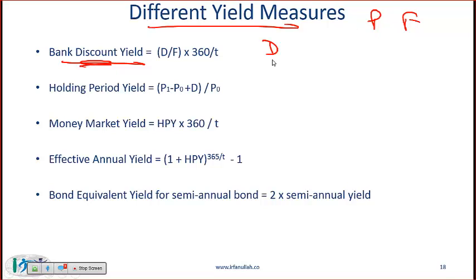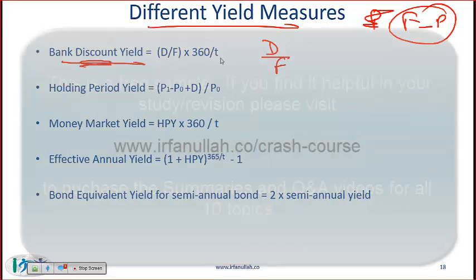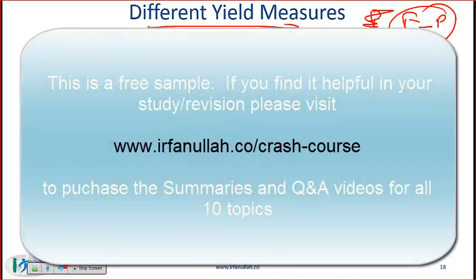So specifically the discount is equal to face value minus price divided by the face value. And if you are not given the face value of a bond, just assume that the face value is 100. So discount divided by face value into 360 over T. T is the amount of time to maturity.